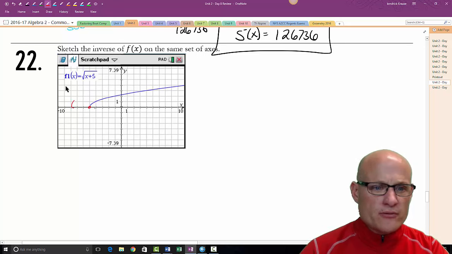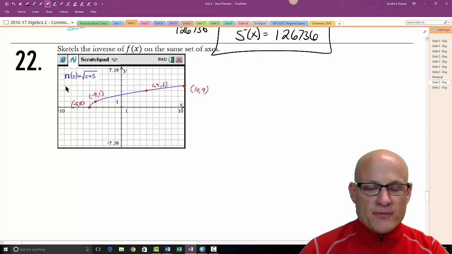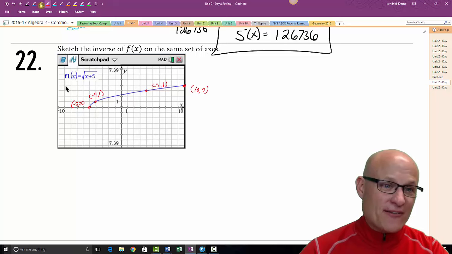Negative 5, 0. Negative 4, 1. And 4, 10 looks like we got this one right here. So all I've got to do is graph.